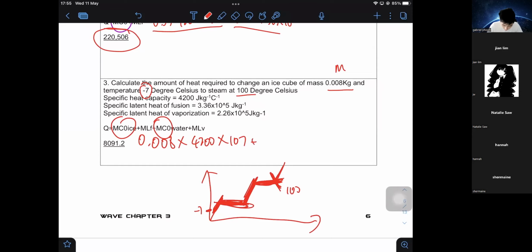Plus your mL_f, which is 0.08 multiplied by L_f, which was 3.36 times 10 to the power of 5, plus your mL_v, which is 0.08 multiplied by 2.26 times 10 to the power of 5 here. Do you do this calculation? Most likely the only difference is instead of using 107, you did one which is 100 and another one which is 7.